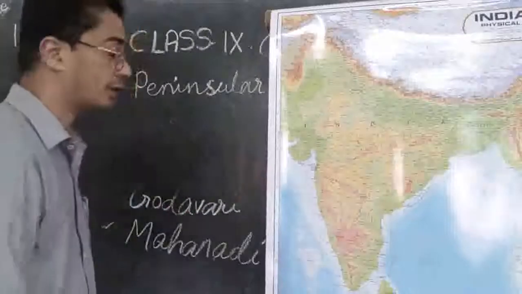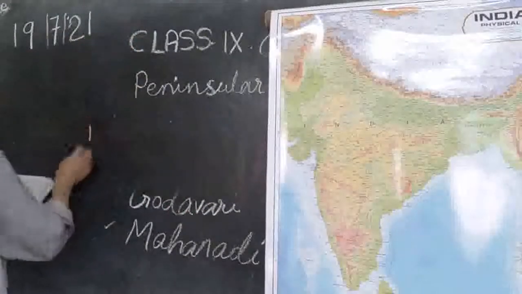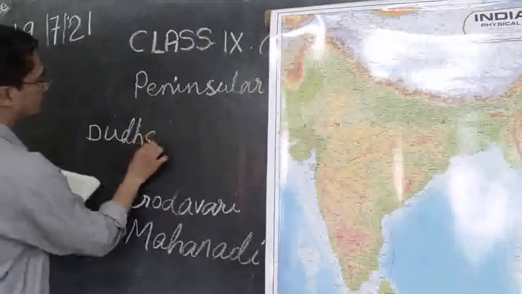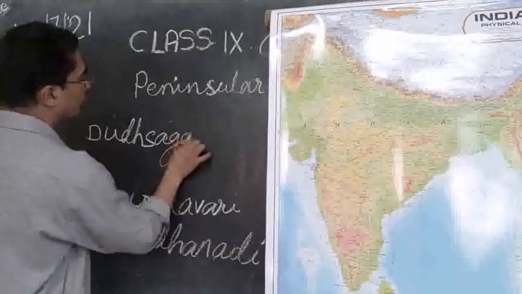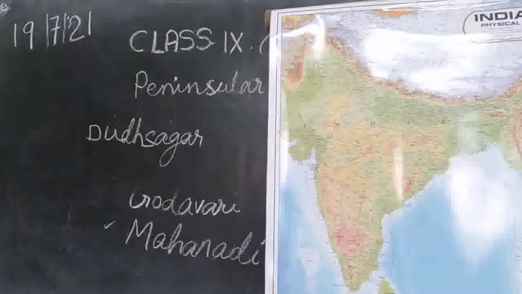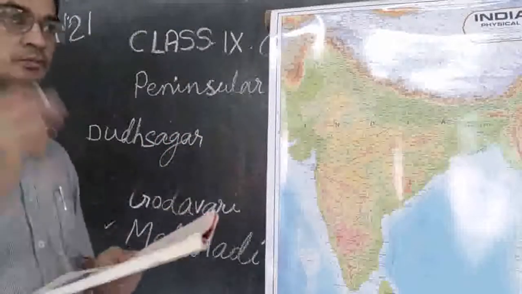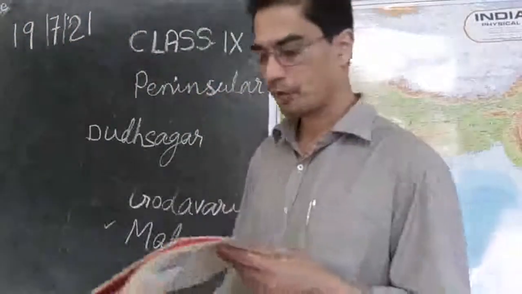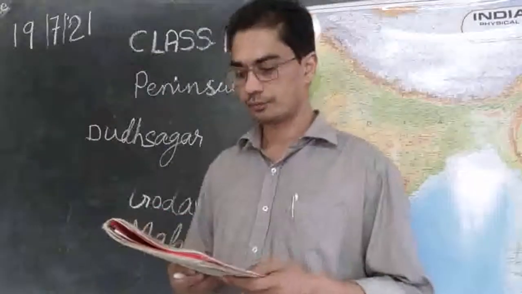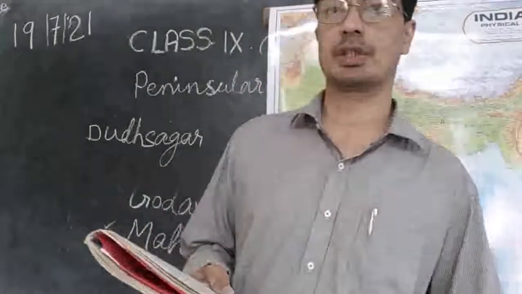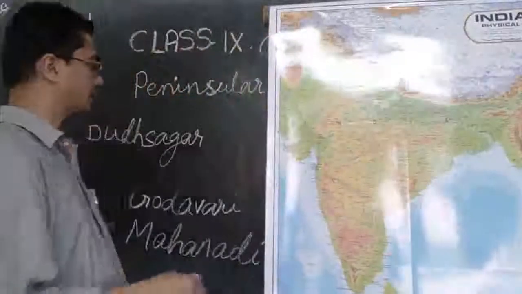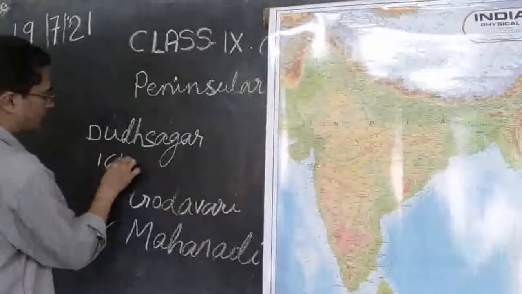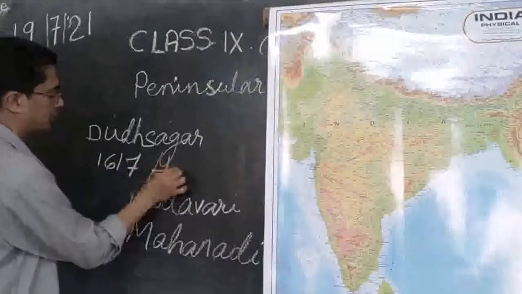The biggest waterfall in India is Dudh Sagar. Then we know the height of this Dudh Sagar is 1617 feet.